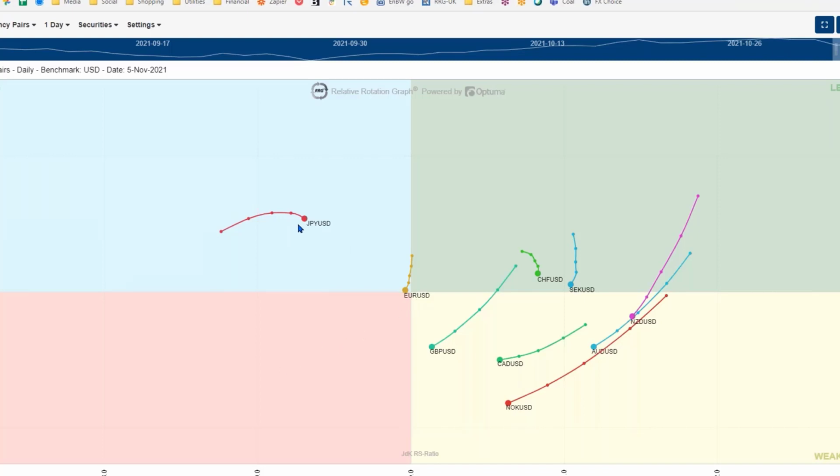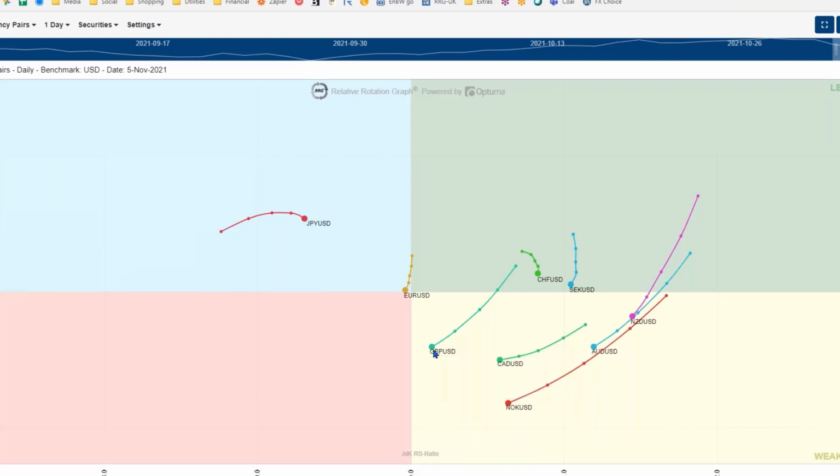So the yen is the weakest currency and the New Zealand dollar is the strongest currency. The tails here are Friday, Thursday, Wednesday, Tuesday, Monday. It's the last week of trading and the direction of it. On the vertical y-axis, it's the positive momentum of the performance.